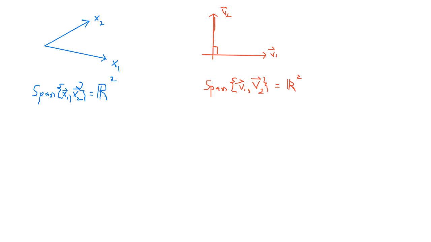All right, the reason I'm doing this is we have vectors. The span of vectors is some subspace. But when the basis vectors are not orthogonal, as in the vectors x1 and x2, theoretically, should it be possible to find vectors v1 and v2 that are orthogonal and span the same space as the vectors x1 and x2 do?